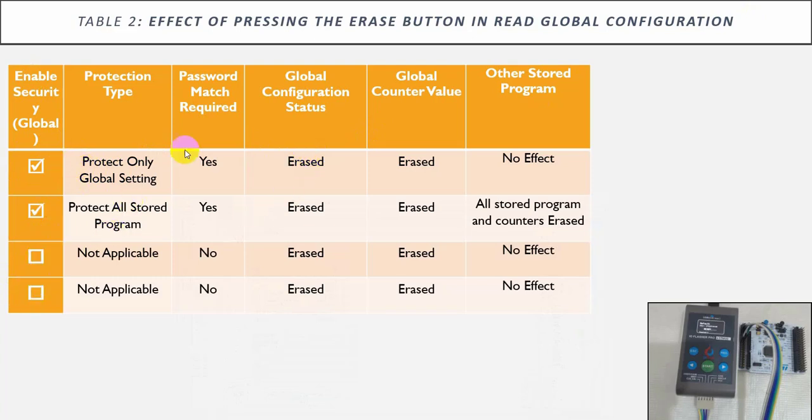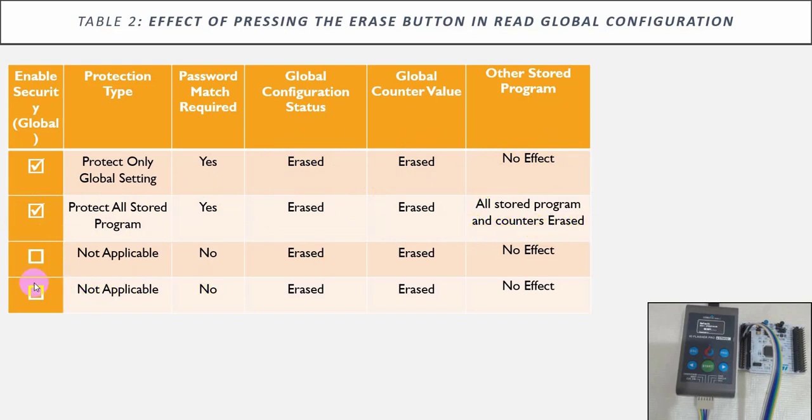If protection is for the global setting only, and the password has to be present for the global configuration, it will erase the global counter and have no effect on the other stored programs. If you enable security and protect all stored program, it will require the password, and it will erase the global configuration, erase the global counter, and erase all the stored programs and their counters.